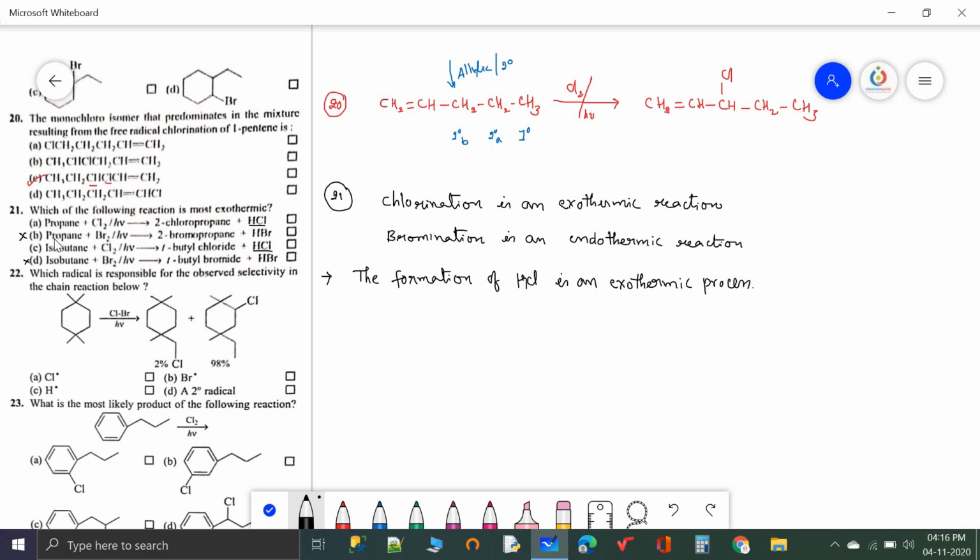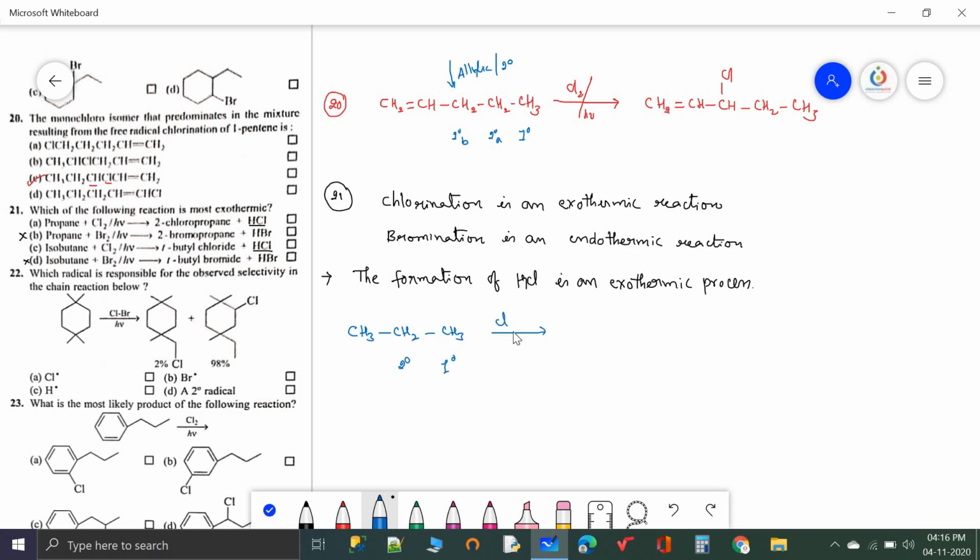Now you can see two molecules they have taken, the propane molecule and the isobutane molecule. I'll take both of these molecules. The propane molecule we shall take first. In this, primary and secondary carbon-hydrogen bonds are there.